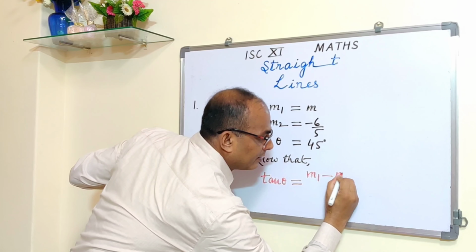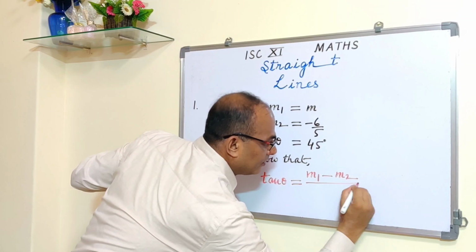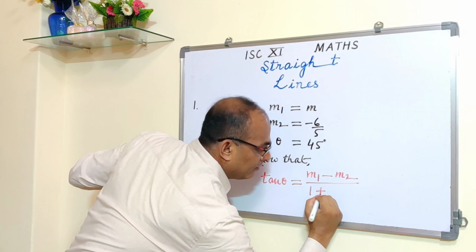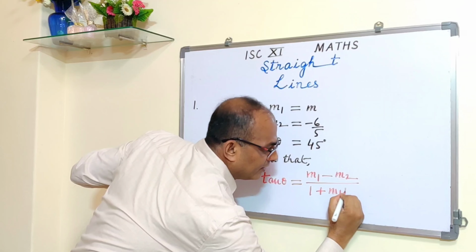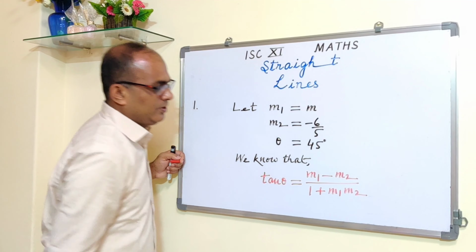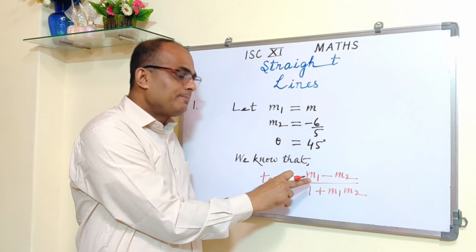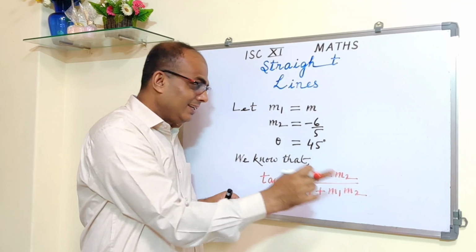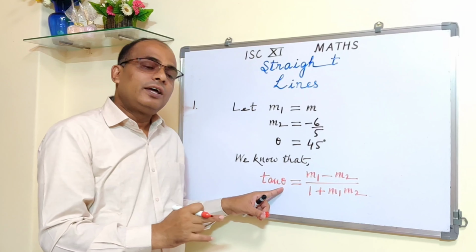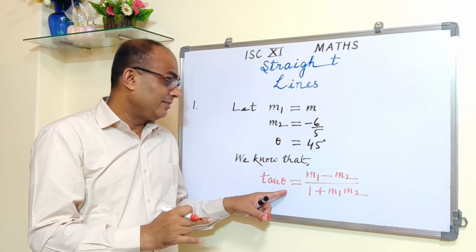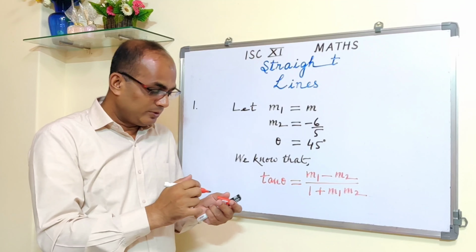There are two lines. The slope of the first line is m1, that of the second line is m2, and the angle between them is theta. So tan theta is equal to m1 minus m2 upon 1 plus m1 m2.